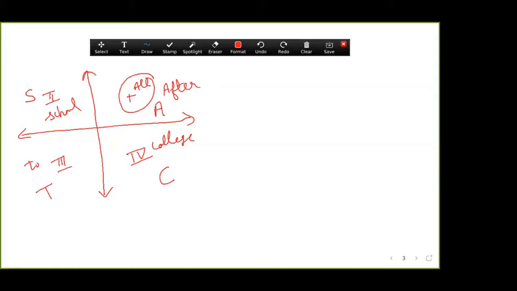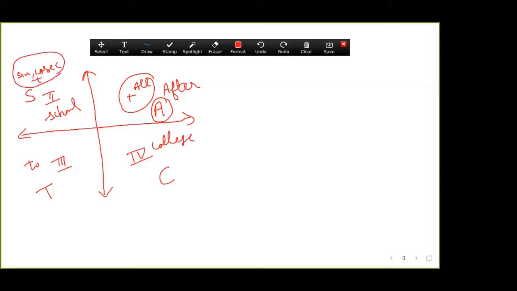A means all trigonometric functions are positive. Sine, cos, tangent, cosecant, secant, cotangent, all are positive in the first quadrant. In the second quadrant, only sine and its reciprocal, cosecant, are positive.